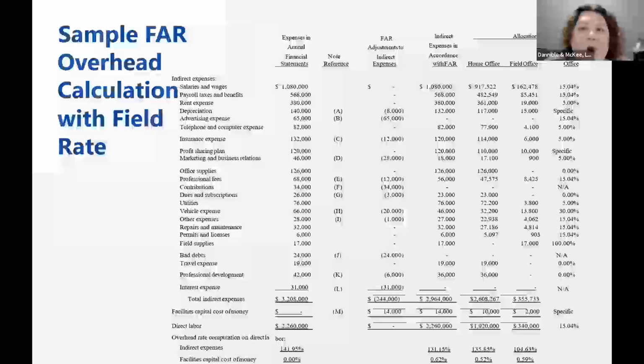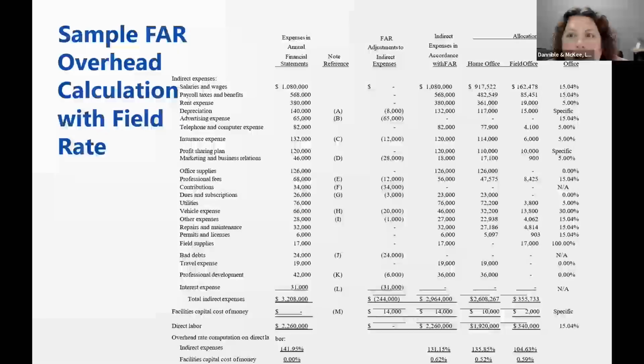Okay. So this is an example, and it's a little complex, but I'm just going to give you a sense. You've got your financial statement expenses on the left side, then you have all your disallowances, and then your indirect expenses in accordance with FAR. But then you've got this new segment here of what we call home or office rate, and then a field rate. So you'll come down and do an allocation based upon, maybe, the direct labor charged to the field office. Obviously, you know who your field employees are. You can segment that time.